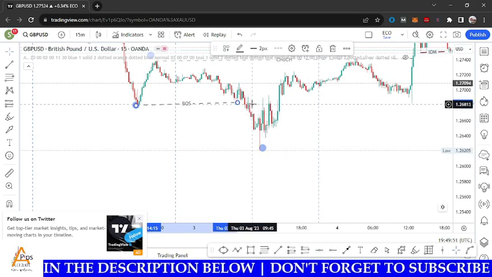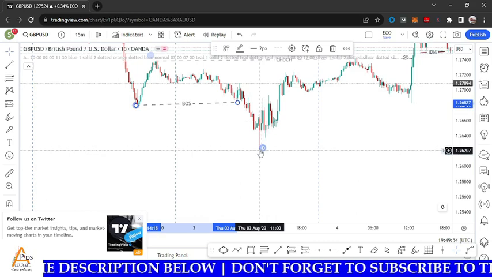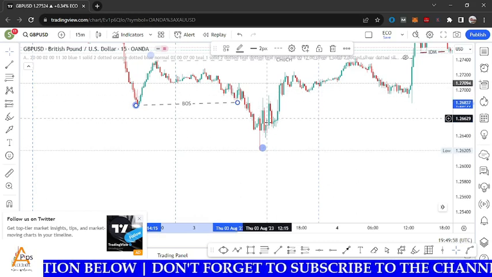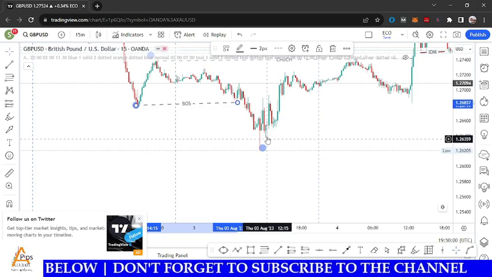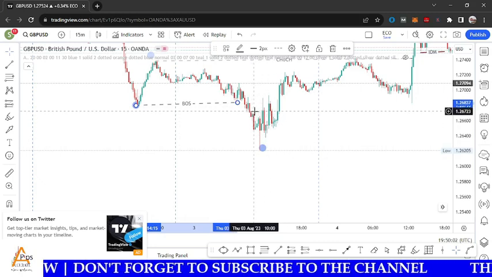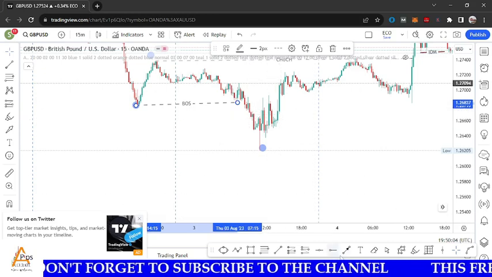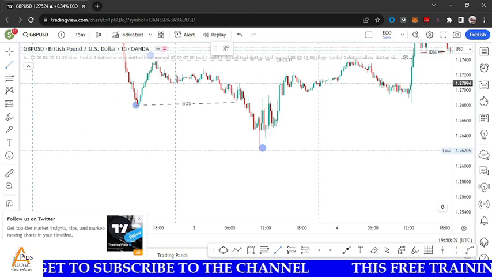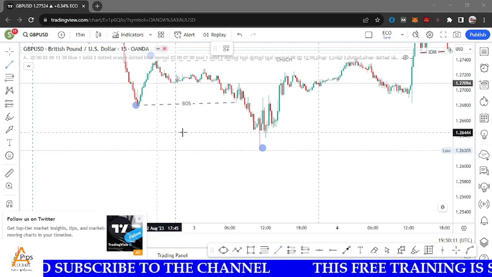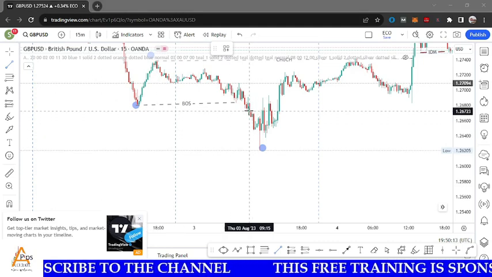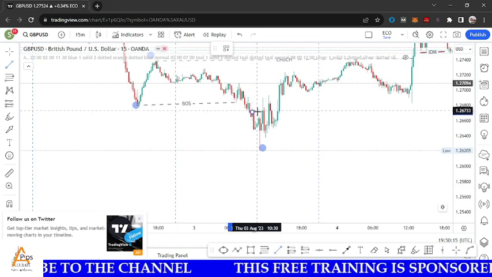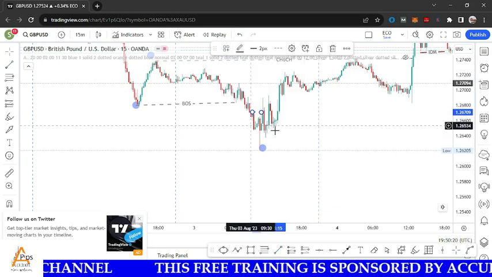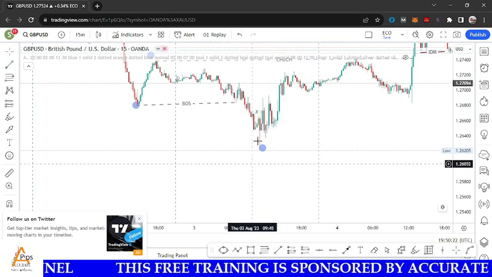After the formation here, we have this valid pullback, then we push down. Now because this pullback here was valid, that was our inducement that confirmed this low. This small pullback is our IDM that confirmed this low.